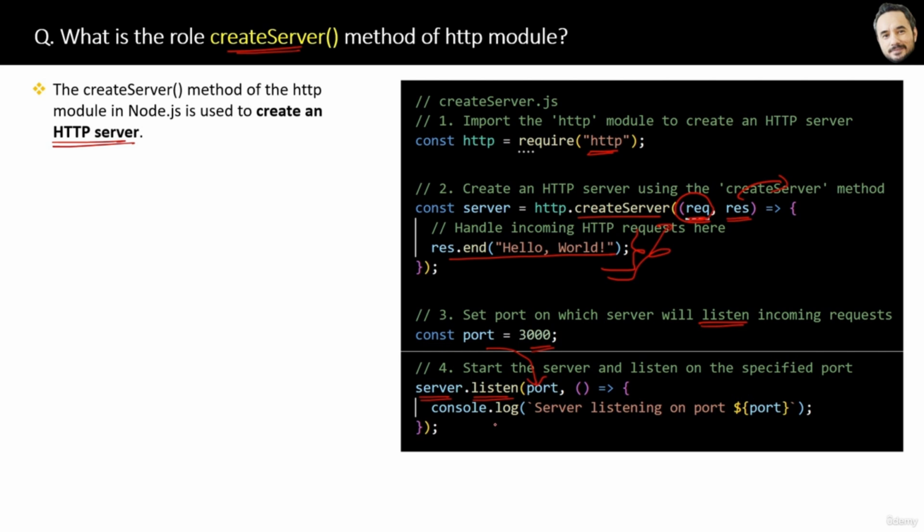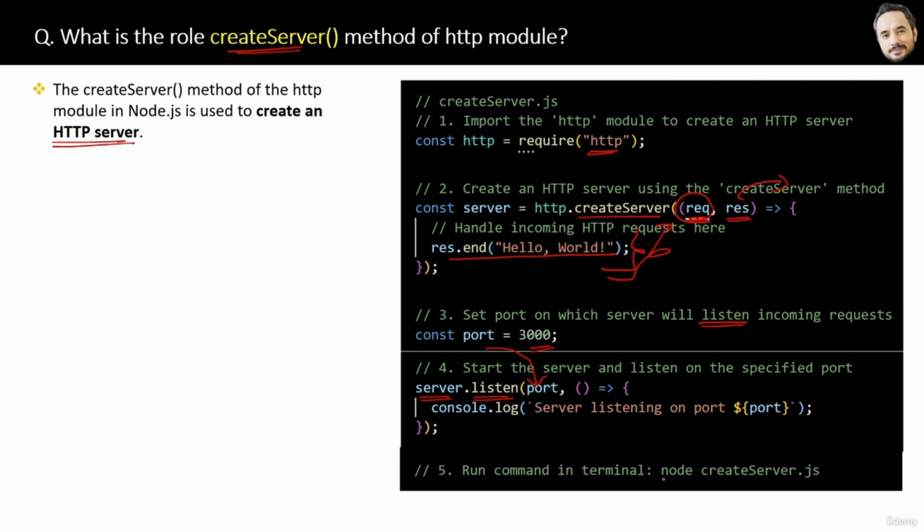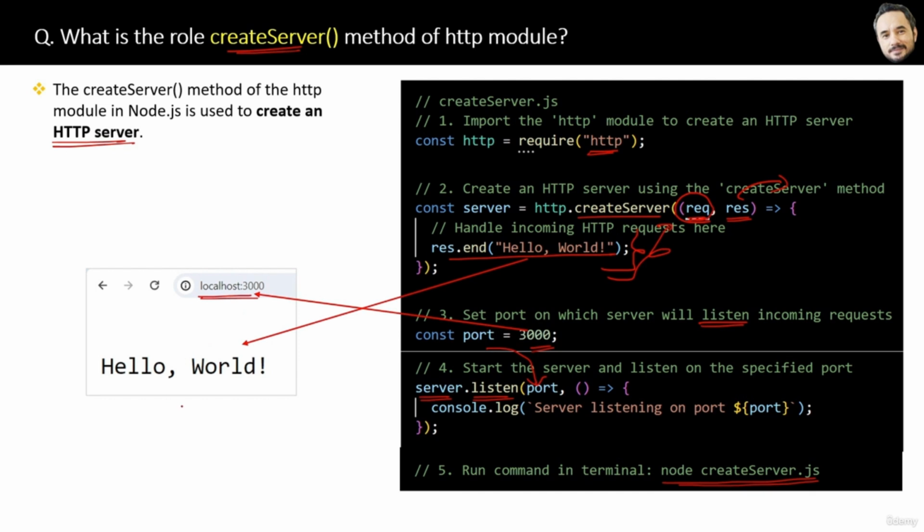Great. So finally to test this code, you run this command node createServer.js, which is the JavaScript file name only. And when you open the browser and enter this URL, localhost with the port number, you can see the response of your Node application. Why can you see the response here in the browser?